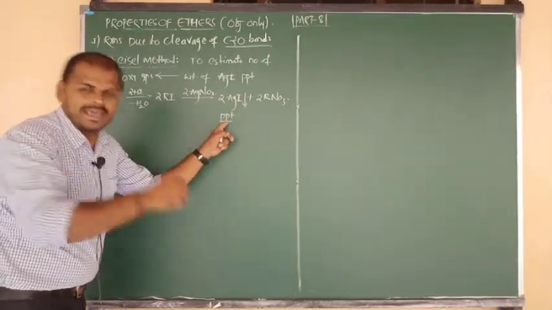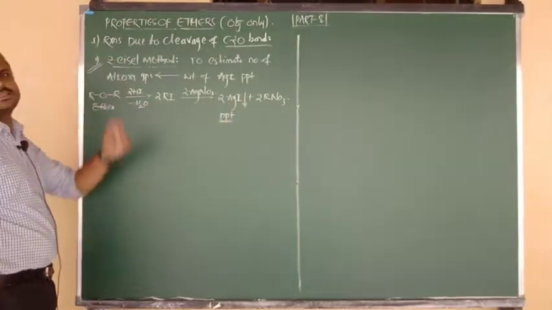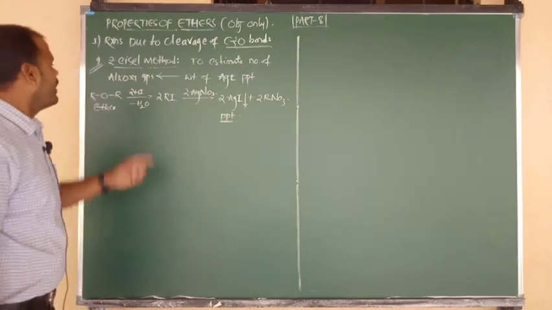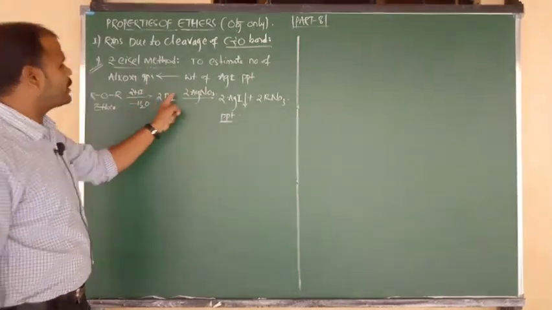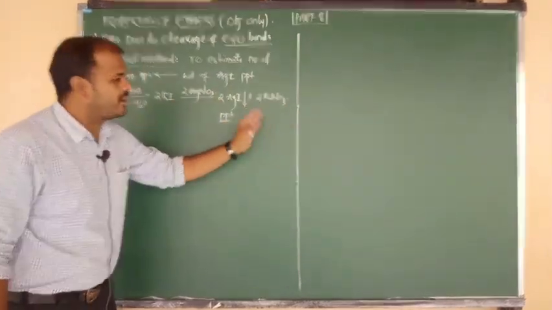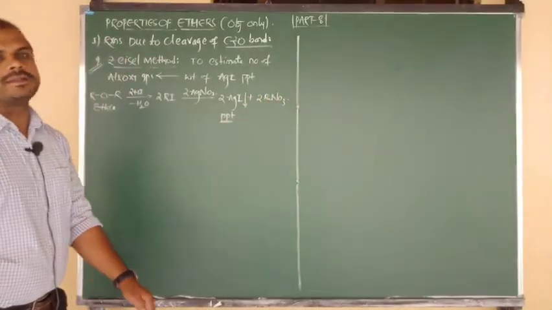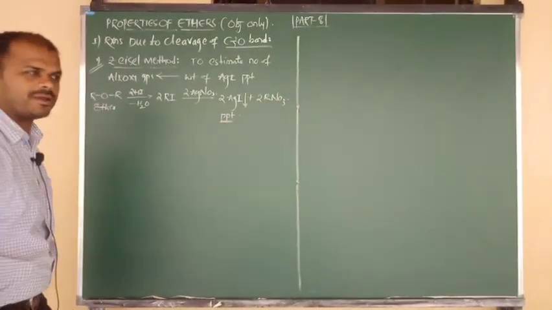From the weight of the AgI precipitate, we estimate the alkoxy groups, and the remaining 2 moles of R group and 2 moles of NO3 are eliminated in the form of water molecule.